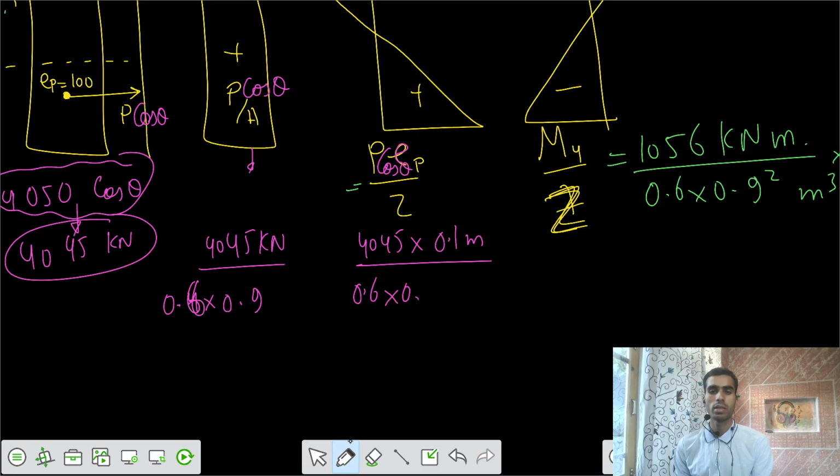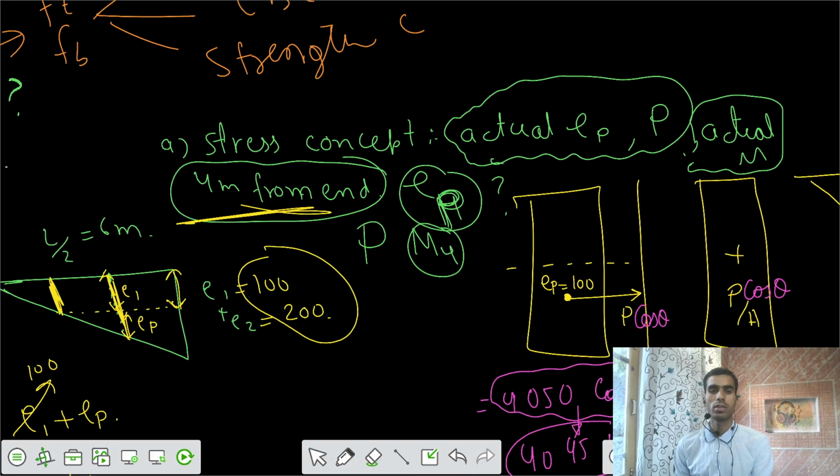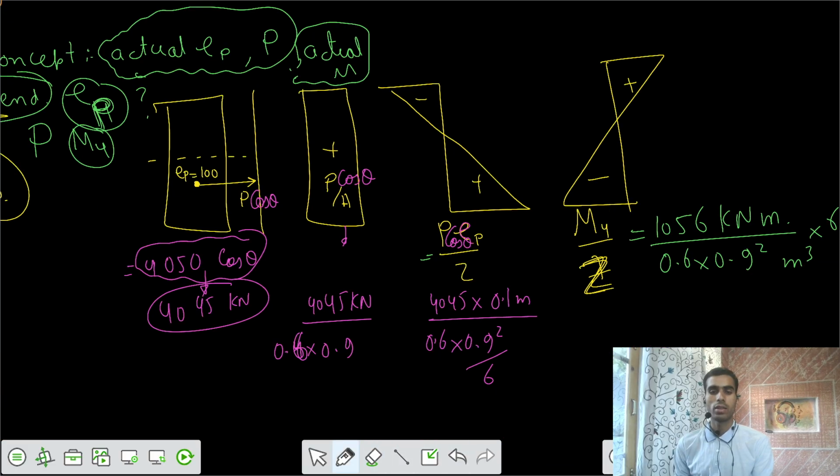The third value we have already calculated. Now we need the stress at the top and bottom. F top has the signs plus, minus, plus, and F bottom has plus, plus and minus, M by Z.